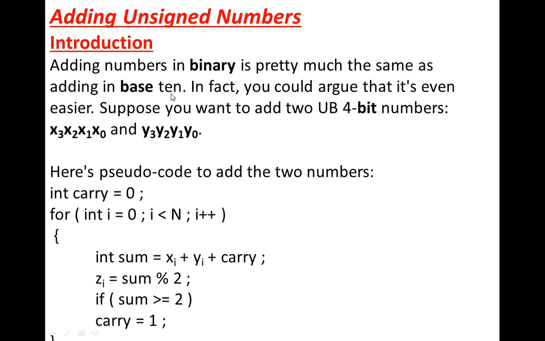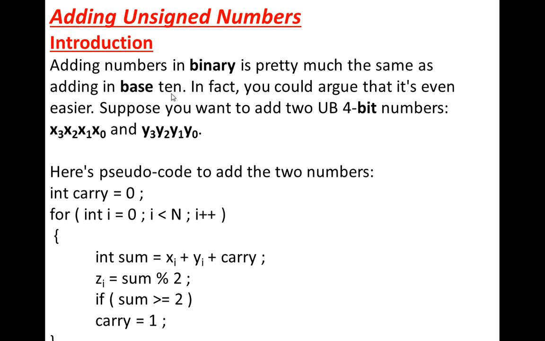As I told you, there are four types of number systems: binary, octal, decimal and hexadecimal. Base 10 means the decimal number. In fact, you could argue that it is even easier, means it is even easier to add unsigned numbers than base 10.